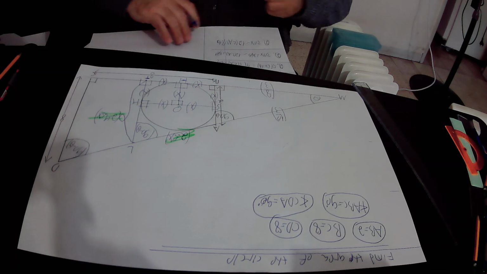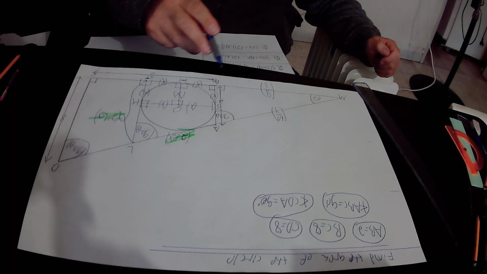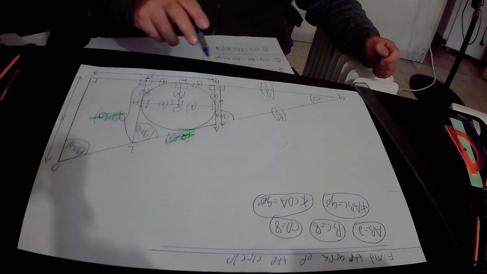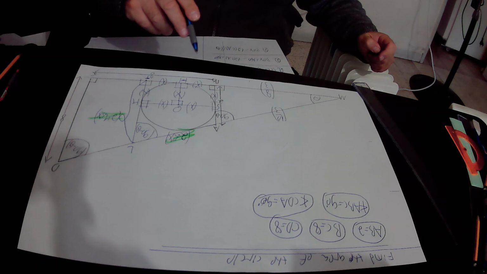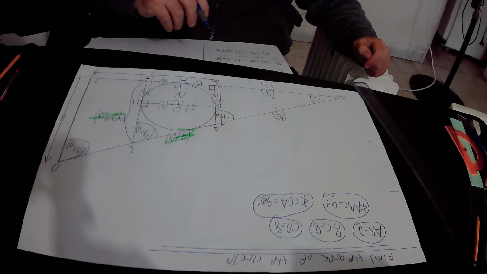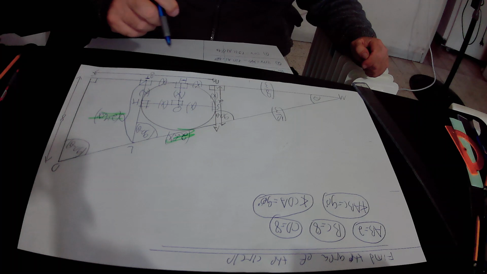In the next step, I will copy this small quadrilateral ALBT in a new page with the circle that is inscribed inside it, and we will analyze this quadrilateral ALBT.